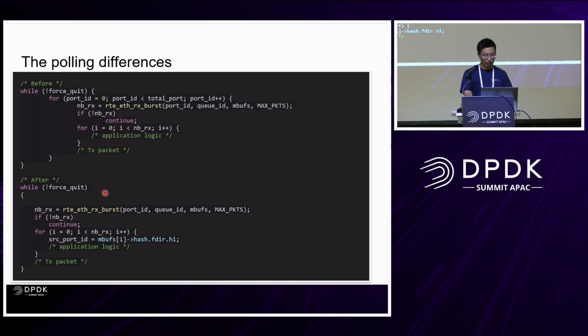After the optimization, we just need to call rx burst for the proxy port. We don't need to call it for all the other representor ports. Meanwhile, we can get the source port ID directly from the mbuf, that means the packet metadata.